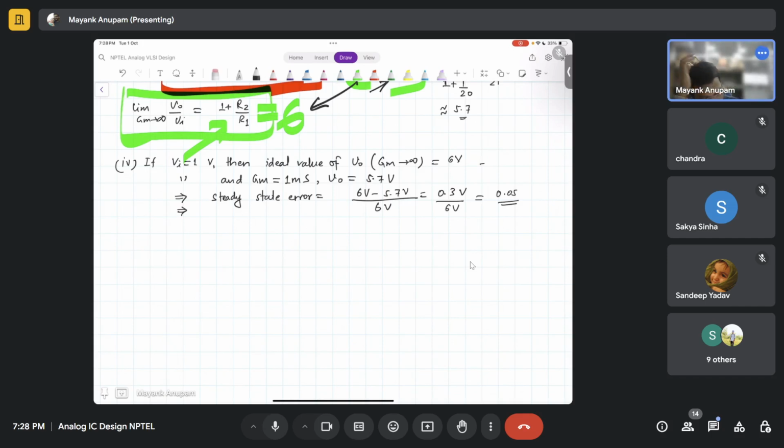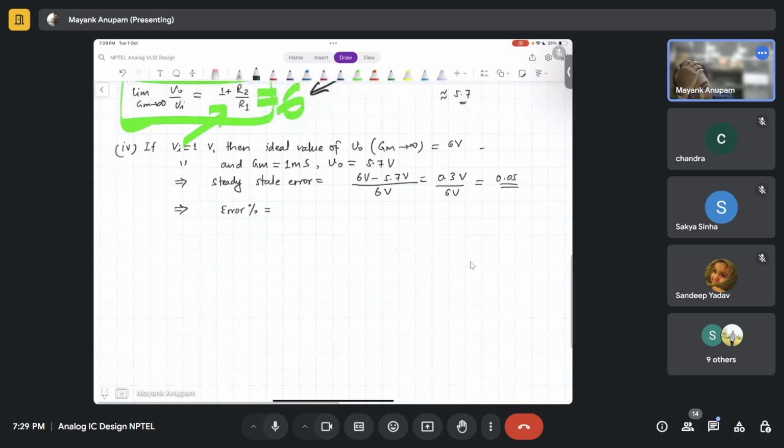Fractional errors are dimensionless, because you divide by the same dimensional value. So this is 0.05 in magnitude. There is no unit involved with this. In terms of percentage, how much is this? 0.05 into 100, which is 5.